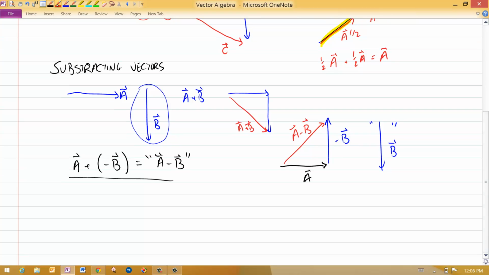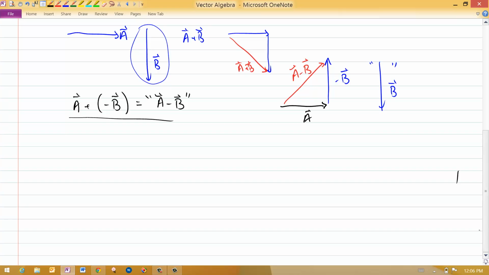You can commute the order in which this vector summation happens. So I could do minus B plus A, and that should give me the same result. So that should be the vector minus B plus the vector A. And geometrically that would mean first I do minus B. That's the first thing in the vector construction.